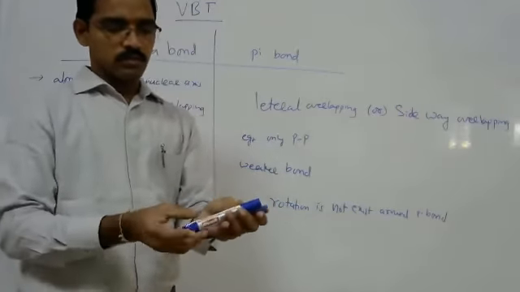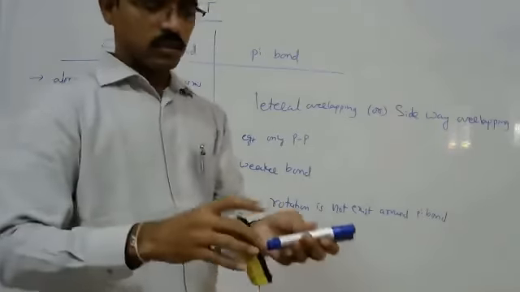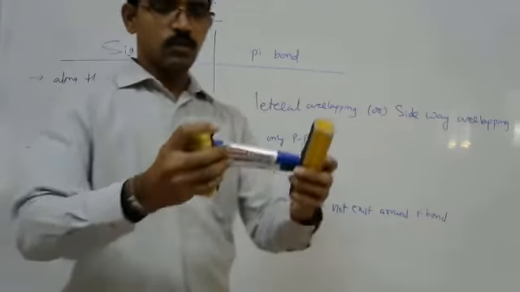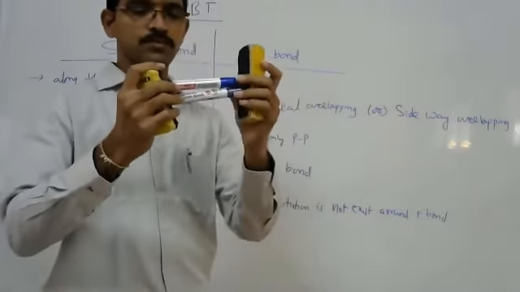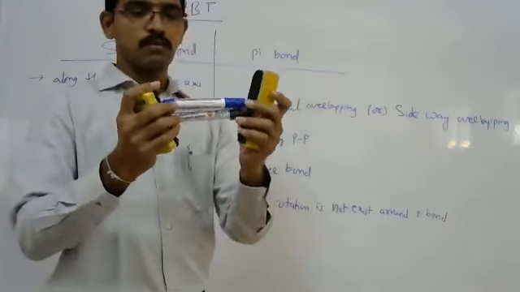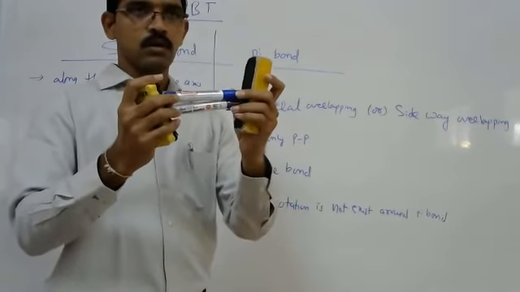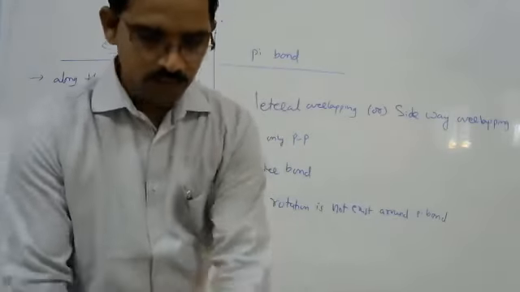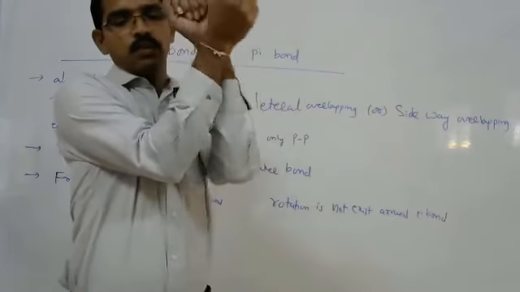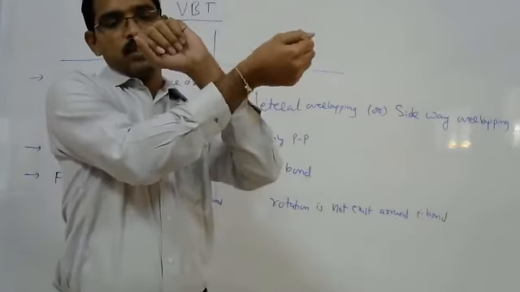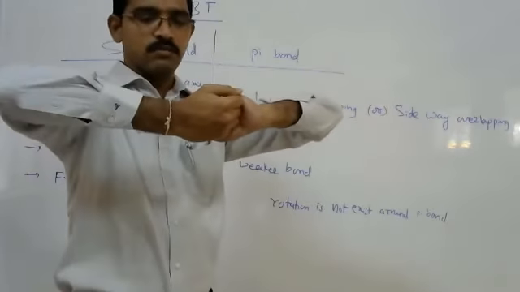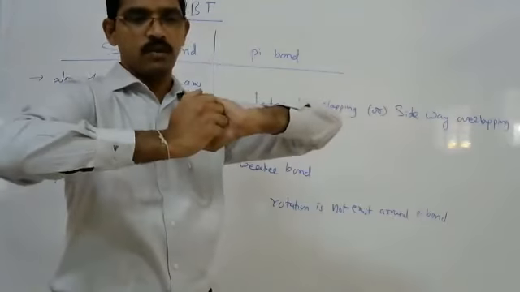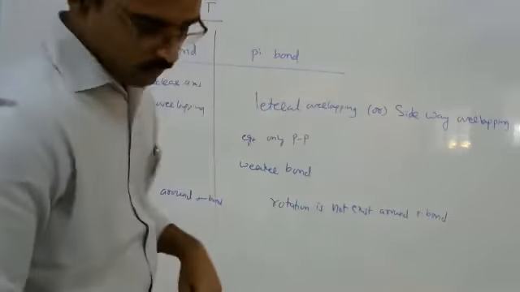Here one atom is there, here one atom, two atoms are there, pi bond मतलब पार्शियली ओवरलैपिंग होता है ना, राइट साइड में. So if it is rotated like this, there is no pi bond. If it is sigma bond, then it can rotate, there is no problem while rotating, the bond will remain same, right?